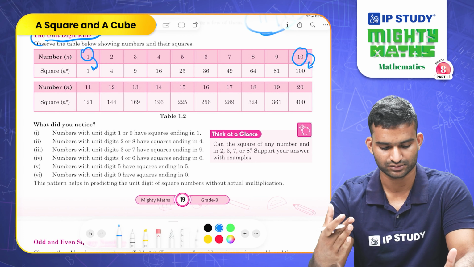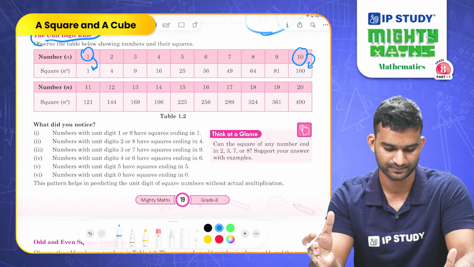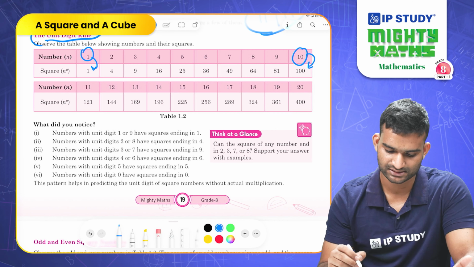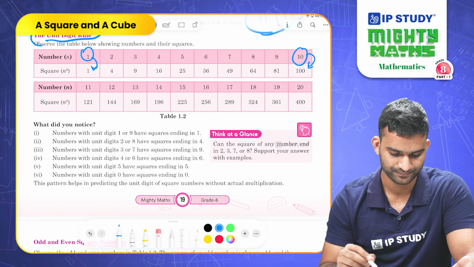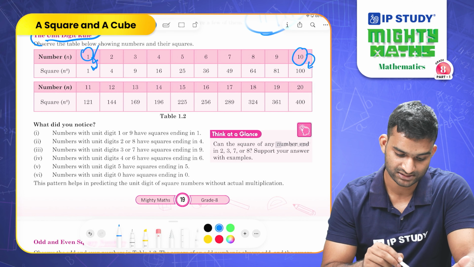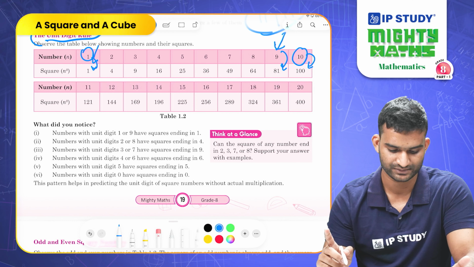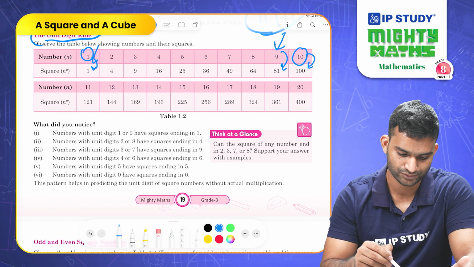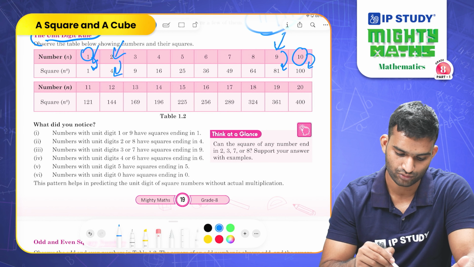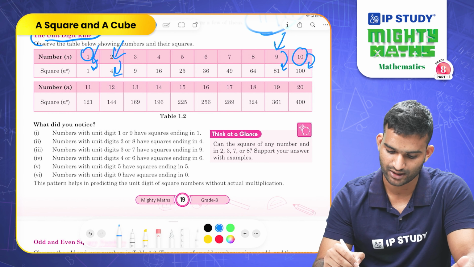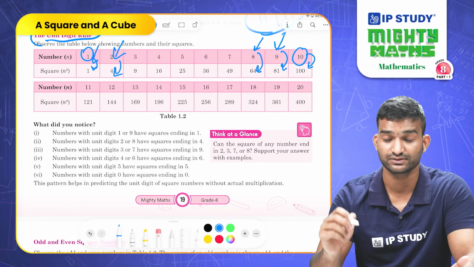Let's have a look at how these numbers are related. We can see there are certain numbers written down here. The square of 1 results in 1 and the square of 9 results in unit digit 1. In the same way, the square of 2 results in 4 and the square of 8 results in unit digit 4.